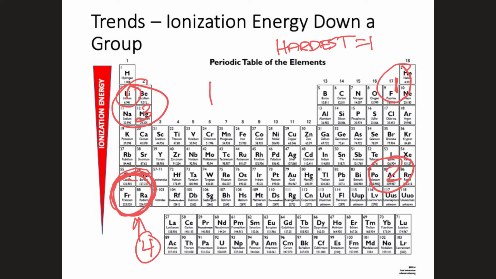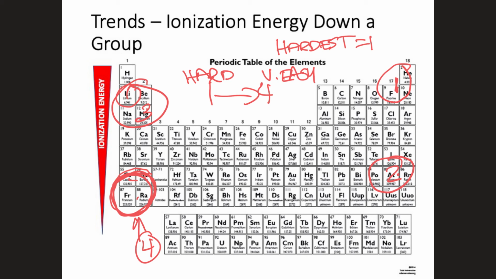So 1 to 4, hard to very easy, right? Again, because it's basically how close we are to helium and neon. It's very close here, somewhat close here, further away from here, and very far away from here.